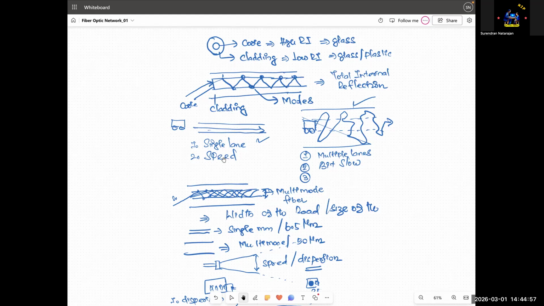Why multi-mode? Initially we started with multi-mode, and then they understood the concepts and brought it down to single mode. Still multi-mode is used because we don't want high power in internal communication. For example, if you are traveling from one city to another, you need a full tank of fuel.